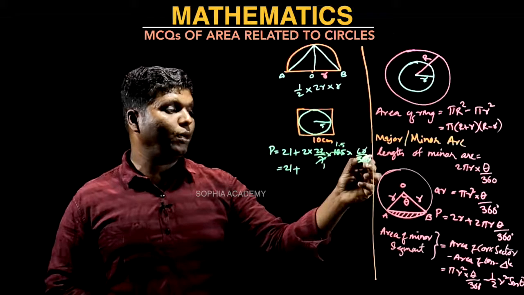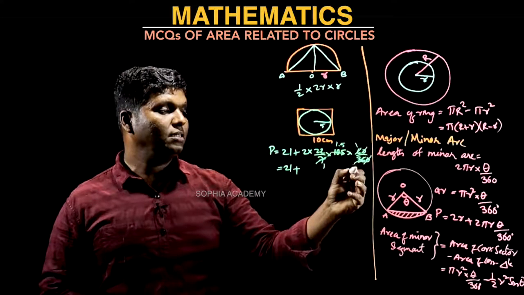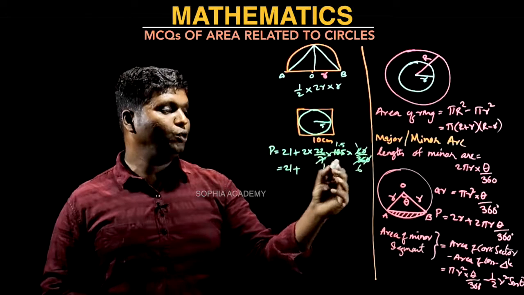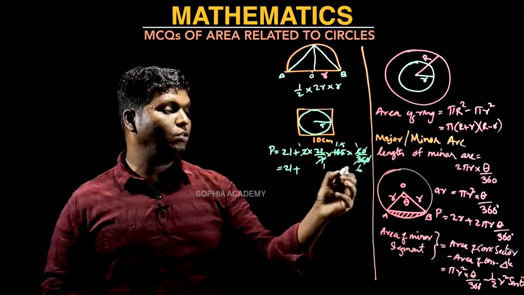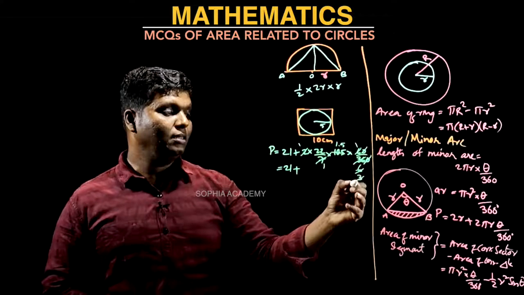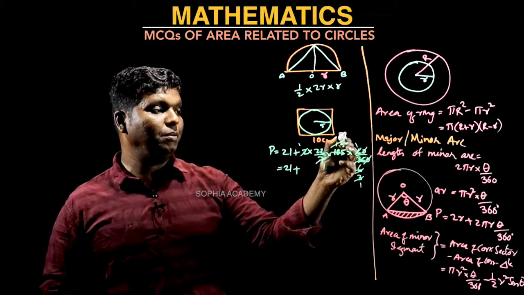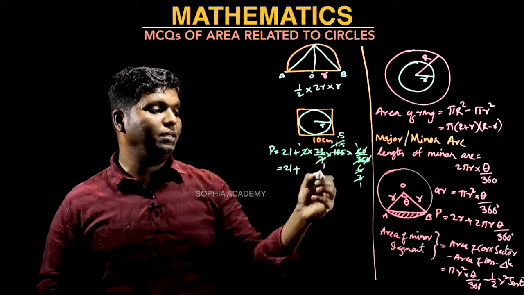The 0 and 0 in 60 and 360 you can cancel, and 6 and 36, 6 ones are 6, 6 6s are 36. 2 and 6 you can cancel, 2 ones are 2, 2 3s are 6. 3 and 15 you can cancel, 3 ones are 3, 3 5s are 15, but the point is there, so the point will be there.